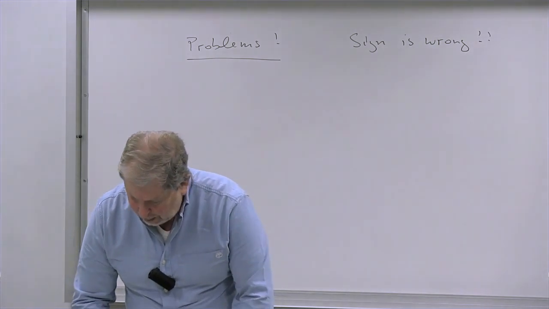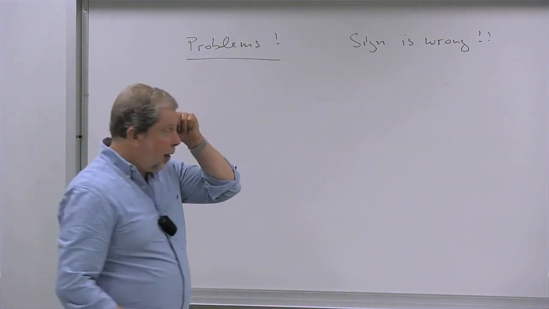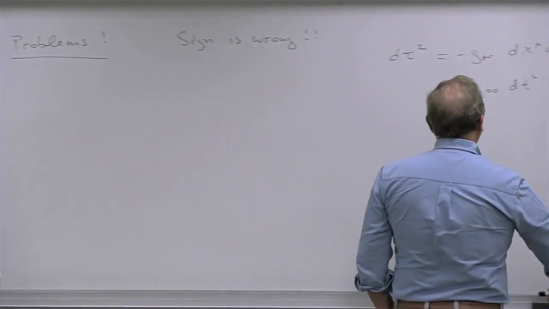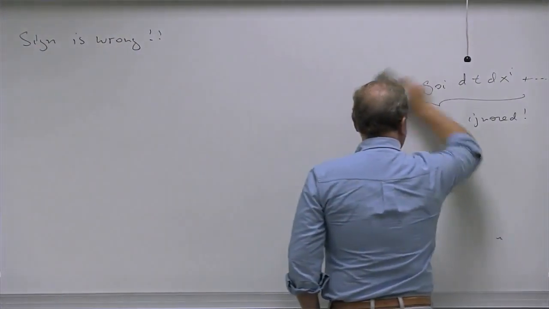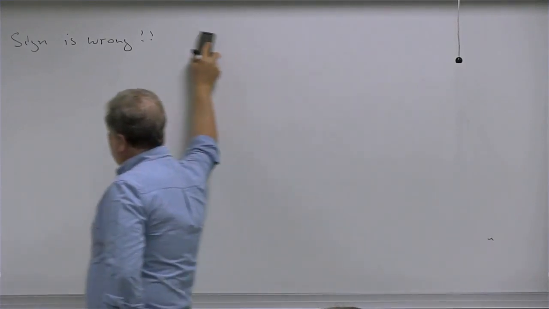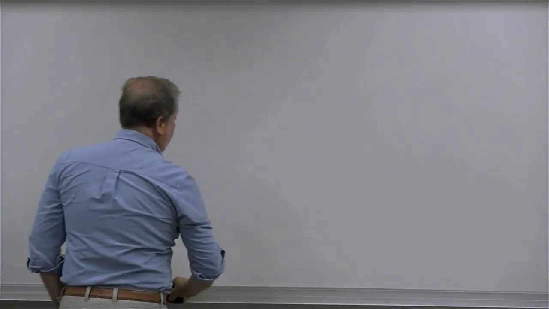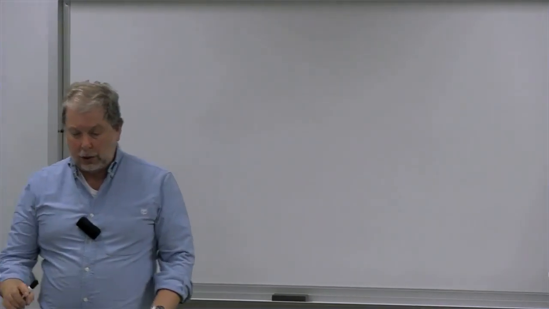Now, we're going to leave this topic. We have just a little bit of time left. We are going to discuss in the next lecture the principle of general covariance, which allows us to write down eventually the field equations.